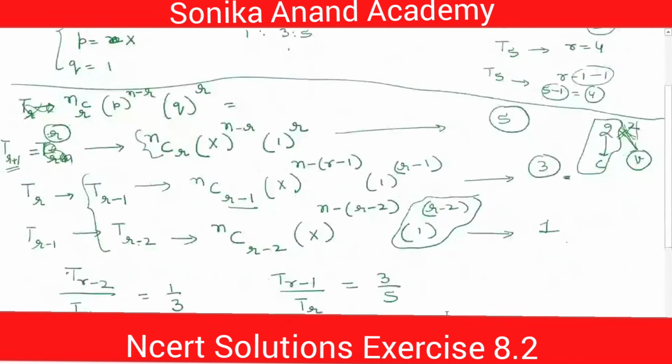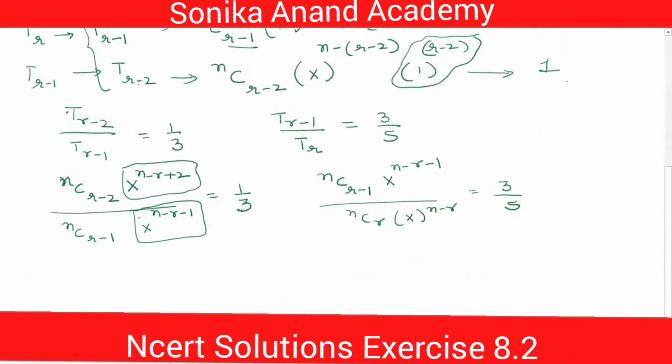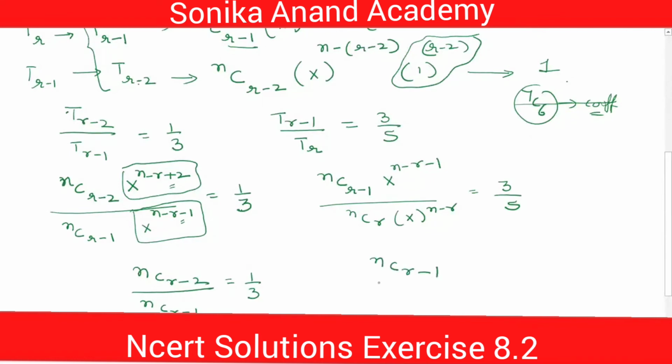Whenever we solve like this, we always get the coefficient numbers. So we just ignore this and take only this portion: nC(r minus 2) over nC(r minus 1) equals 1 by 3. Similarly, nC(r minus 1) upon nCr is equal to 3 by 5. Now you understand why I wrote this?